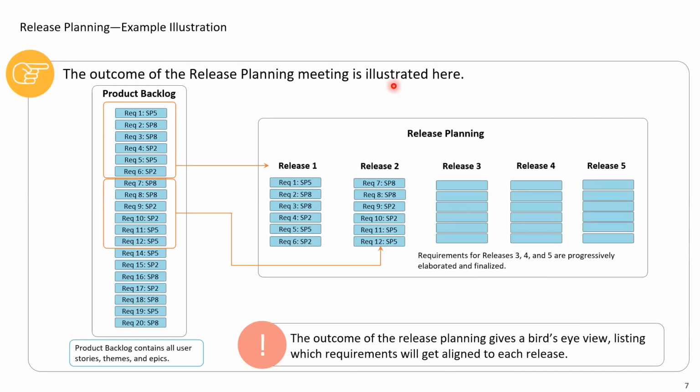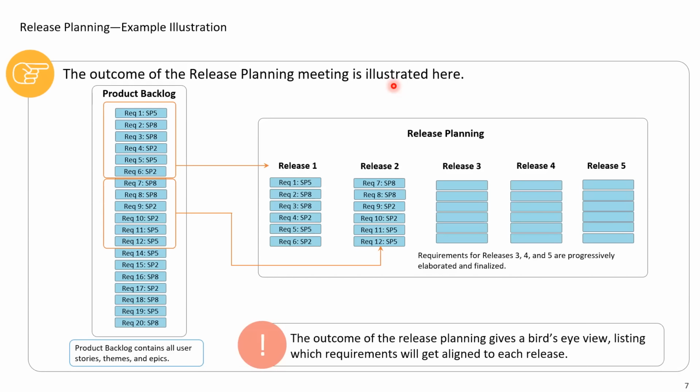See, work to be done in the project can be defined in a scope statement and a work breakdown structure also, right? And a product backlog also contains the work to be done in the project, which includes all the requirements, bug fixes, change requests, everything sourced from the product backlog.